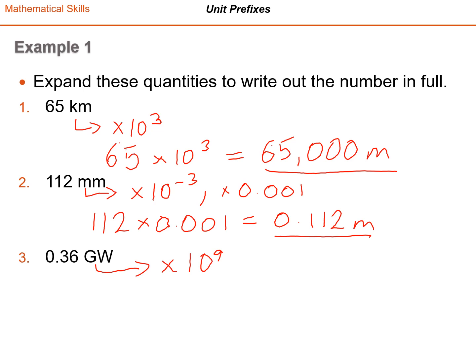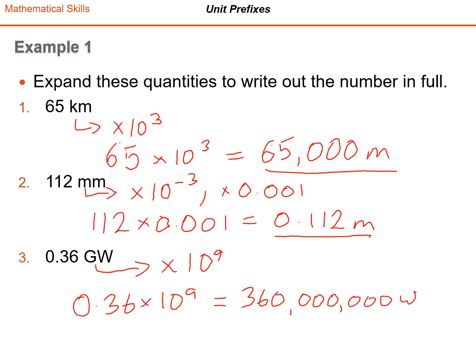So hopefully what you have done here is you will have done 0.36 multiplied by 10 to the power of 9, and you will have got an answer here of 360,000,000 watts, 360 million watts.